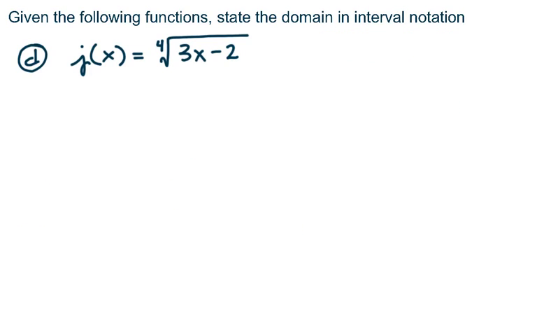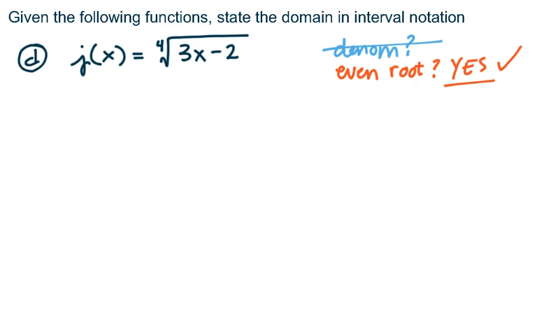All right, let's look at another example. Example D. Let's find the domain of the function j of x, which is equal to the 4th root of 3x minus 2. Again, we run through our two questions. Do we have a denominator? The answer is no. And do we have an even indexed radical or root? In this situation, the answer is yes, we do. That means the radicand, or the expression under the radical, must be greater than or equal to 0.